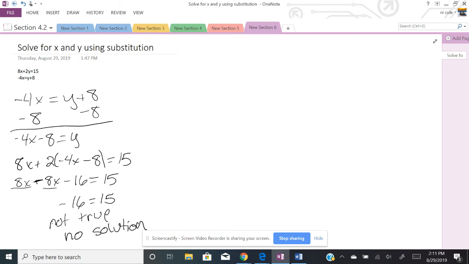Another thing you might come across is something that looks like 3 equals 3 or 0 equals 0. Those are both true statements, correct? And that tells you you have infinitely many solutions.